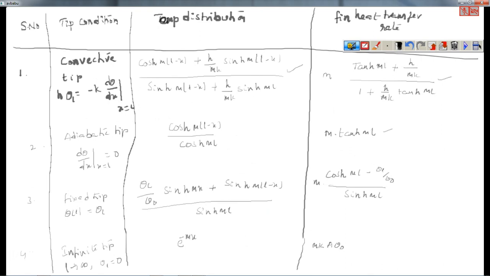Okay, these are the derivations we have discussed so far in the classes.